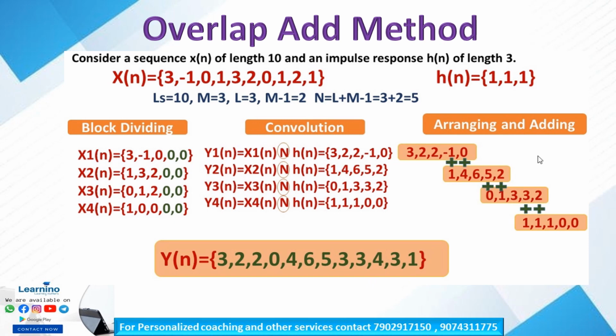So this is the way of arranging and adding, and we get the final convoluted result in the overlap add method. So that's it.